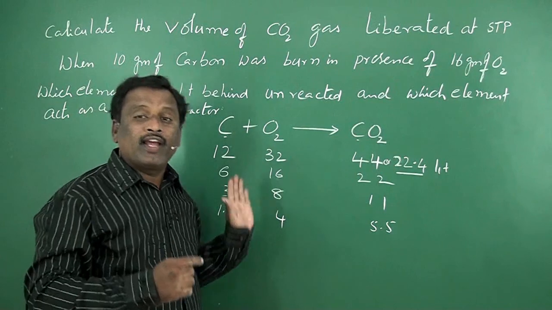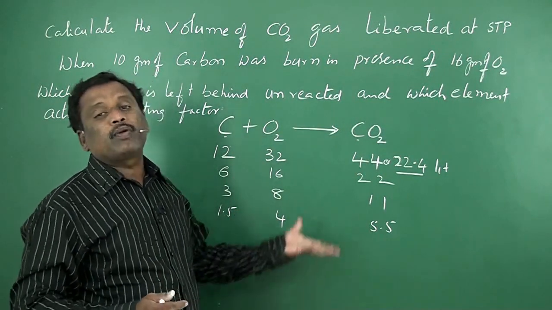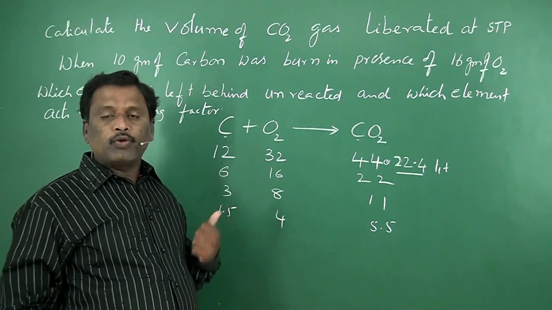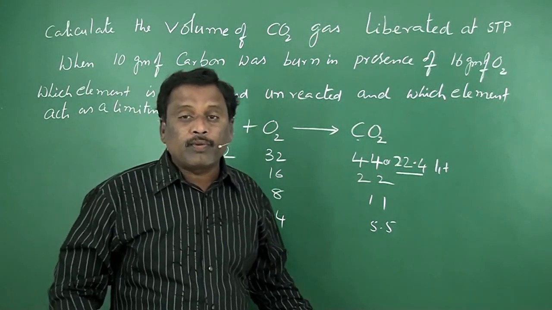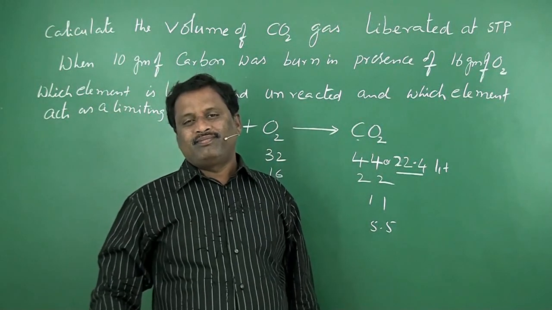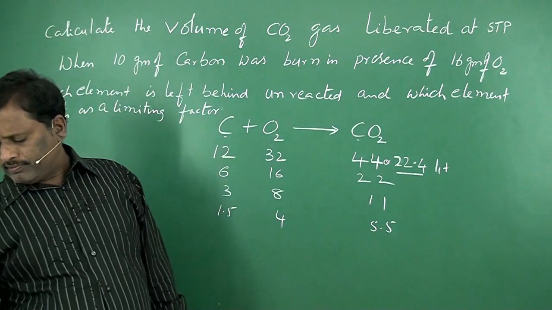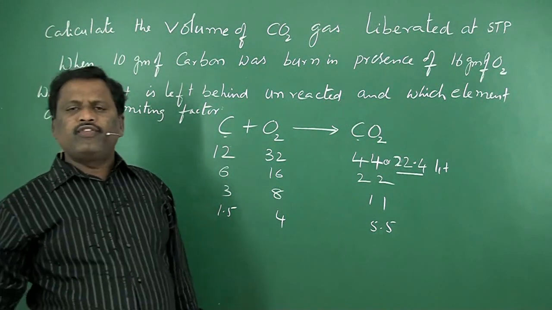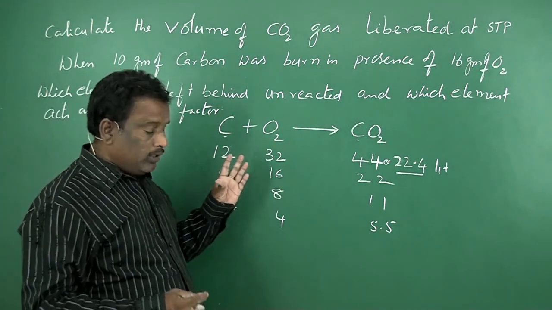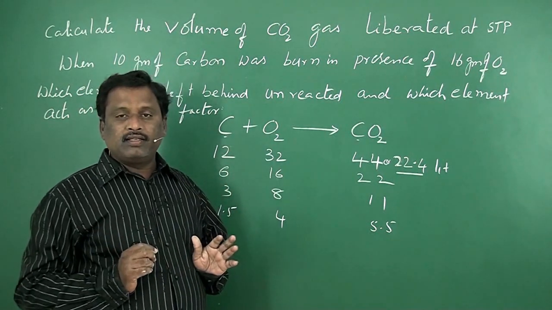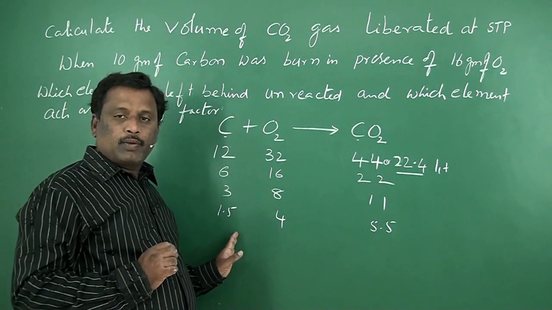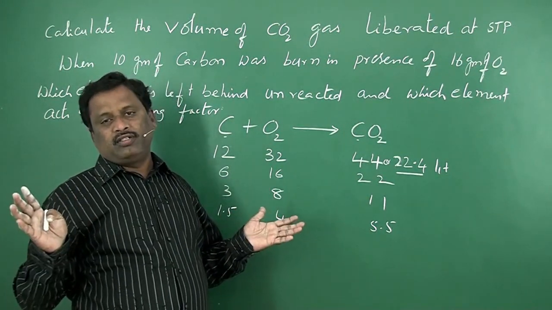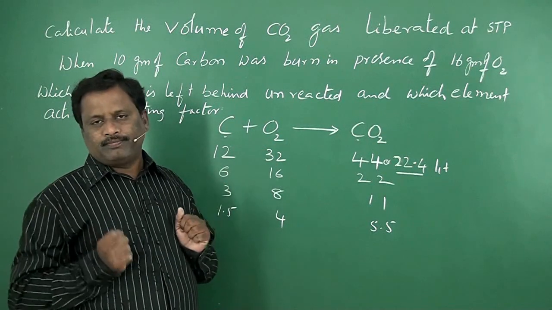If one of the reactants is less in proportion, what happens? One is according to the proportion, but the other one is not according to the proportion. What happens? If you take any substance in excess, other than this proportion, that excess amount will be left behind unreacted.